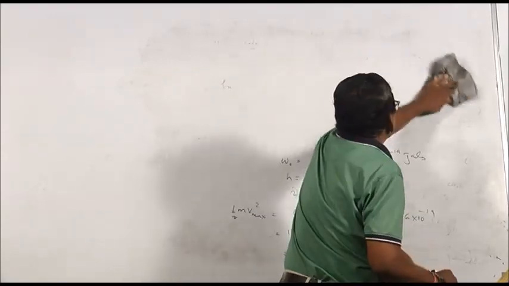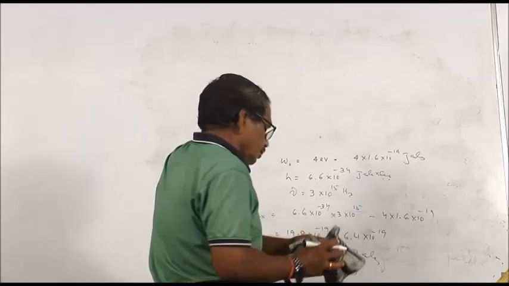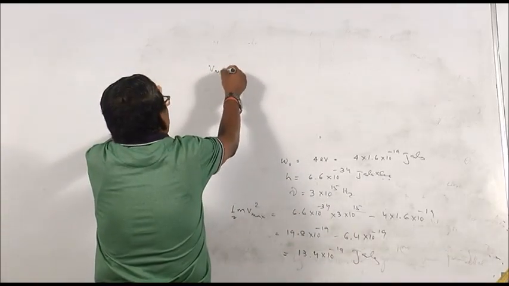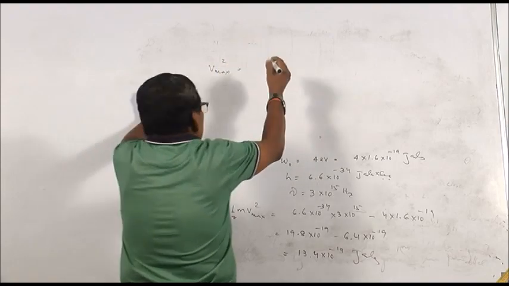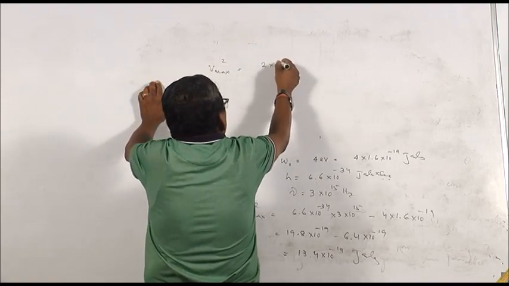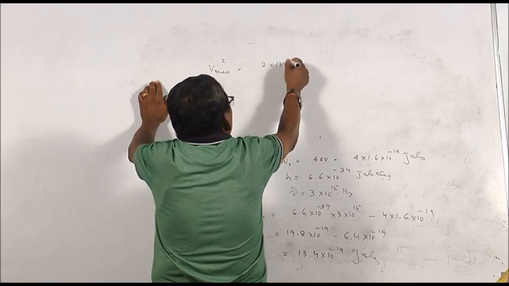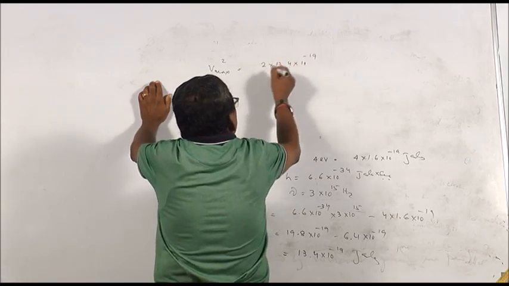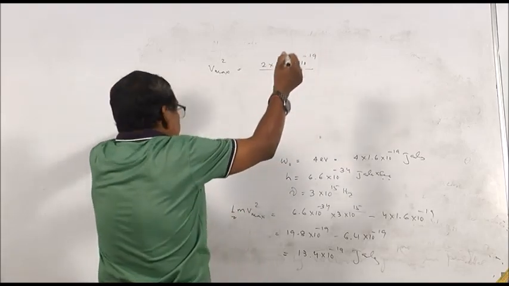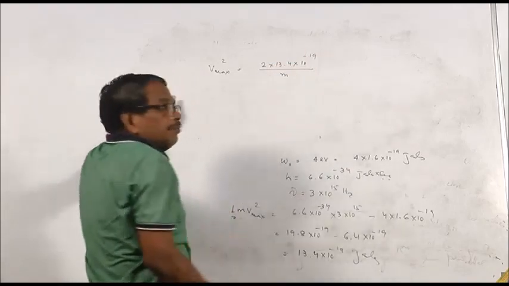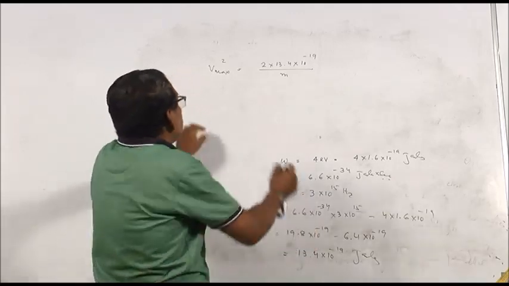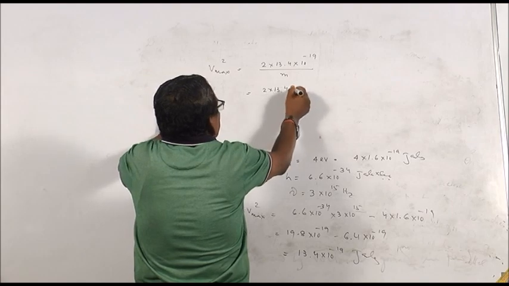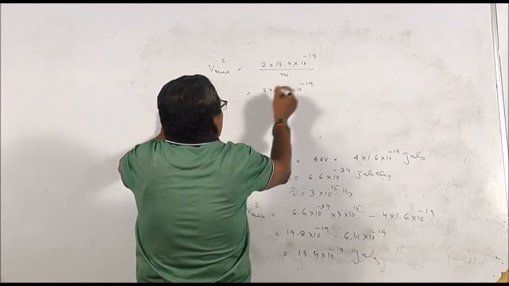V max square is equal to 2 into 13.4 into 10 to the power minus 19 by m. m is the mass of the electron, so it is 2 into 13.4 into 10 to the minus 19 by the mass of the electron.